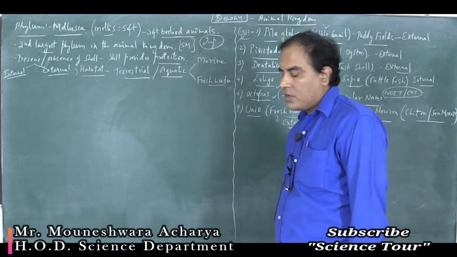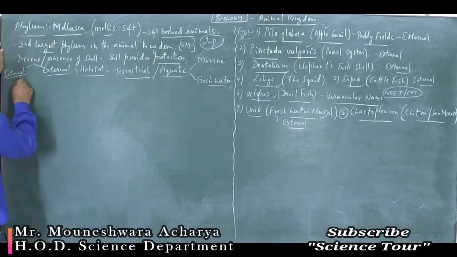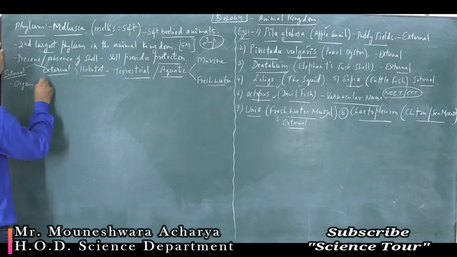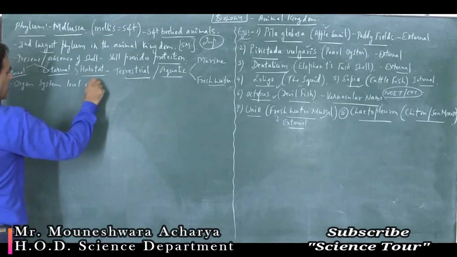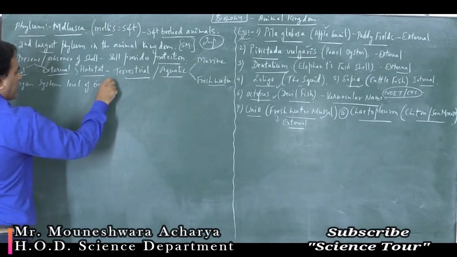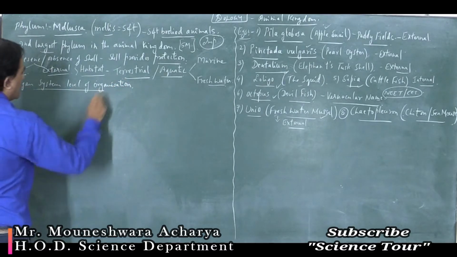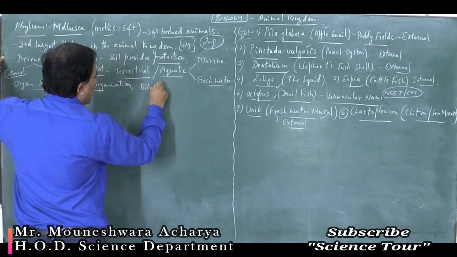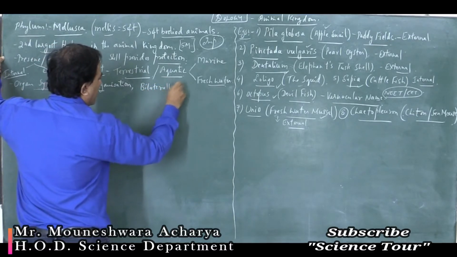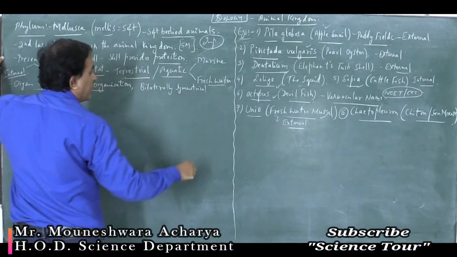So next important characteristic features, they show organ system level of organization. Then bilaterally symmetrical animals.